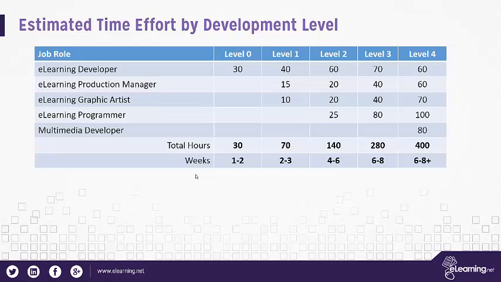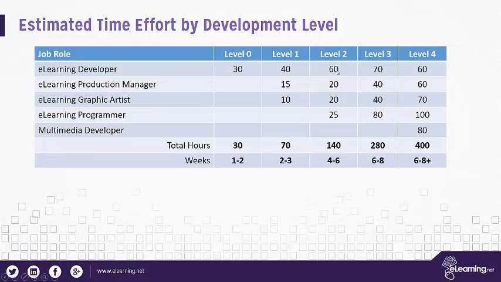So when you go to a level 1, we're looking at maybe 70 hours or so, and instead of having one person working 30 hours, you're probably going to need a graphic artist for 10 hours. Because it's a little more complex, the e-learning developer is going to need a few more hours, and then you maybe have a project manager who's making sure that everything is getting done properly, so there's some time for them. This may not be exact, but it's pretty close in terms of what I think is reasonable.